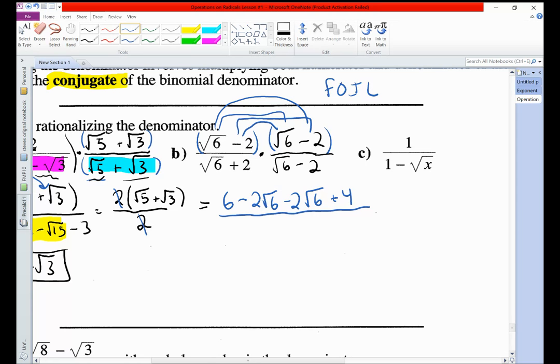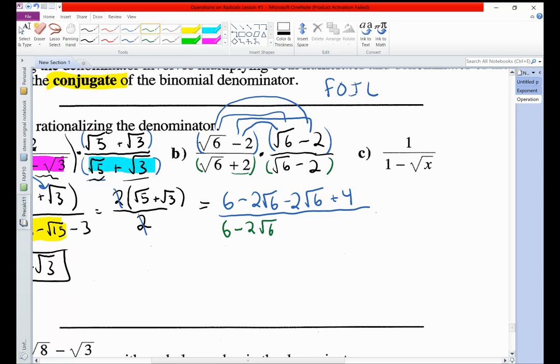And now we can do the same process with the brackets underneath. So we have root 6 plus 2 multiplied by root 6 minus 2. So we can say root 6 times root 6 is 6. Now we're going to do the outside term. So root 6 multiplied by negative 2 is minus 2 root 6.